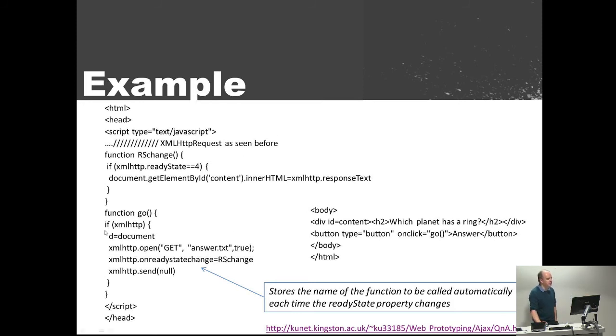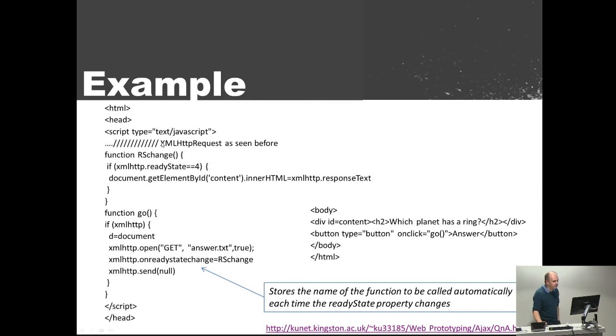If it has been done, I am going to look for that document, and when that document arrives, I want to call that function. So it's asynchronous. Only when the document arrives, that function is called.